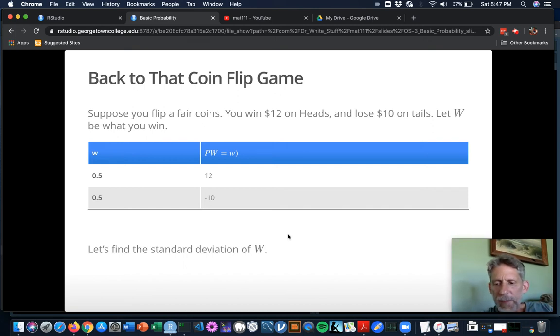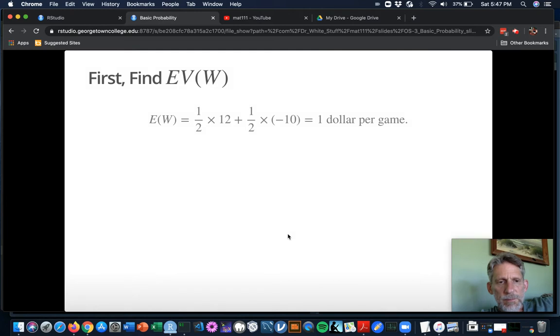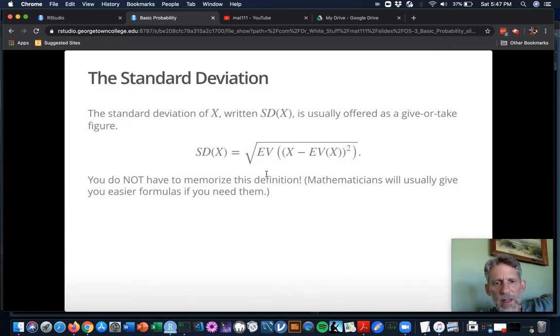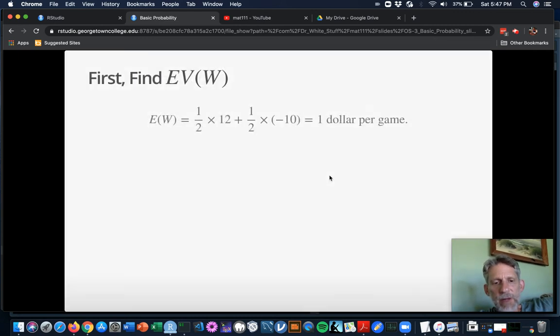Now, let's go step by step to find the standard deviation of this random variable. Well, the formula had you finding the expected value of the random variable inside of here. So you're actually going to have to find the expected value of W first.